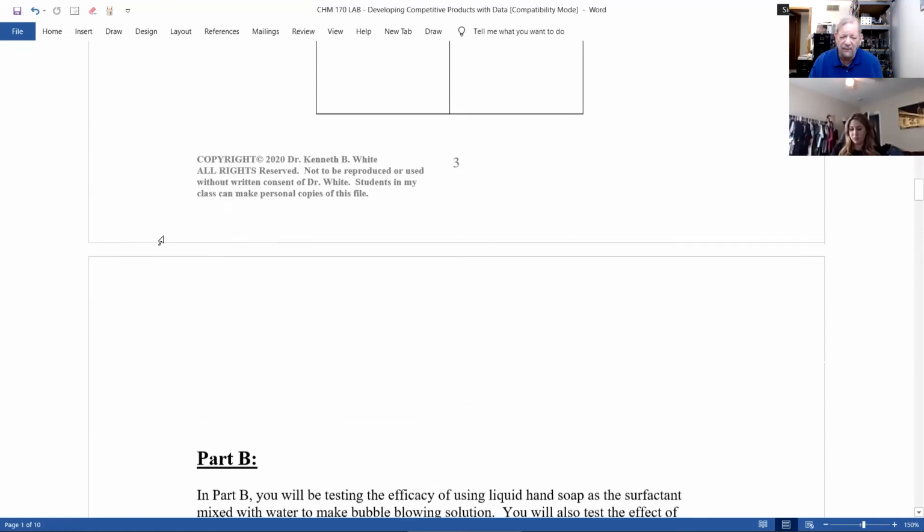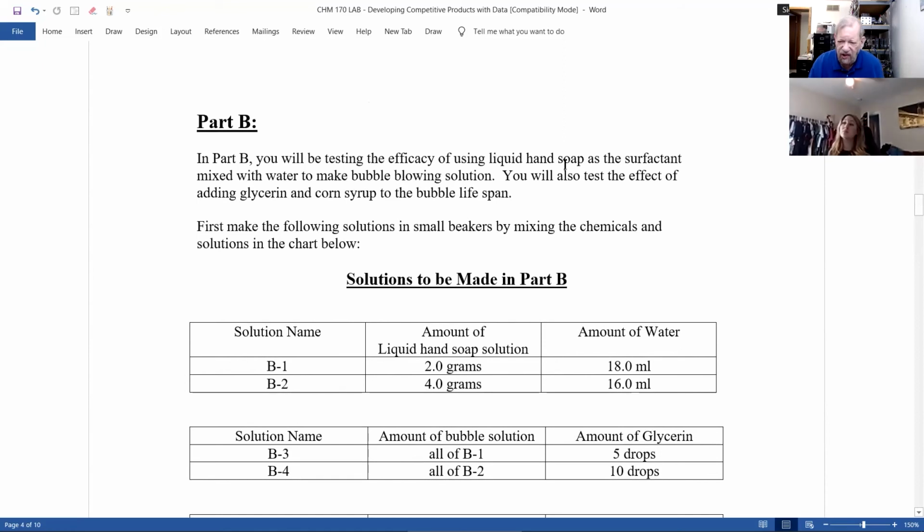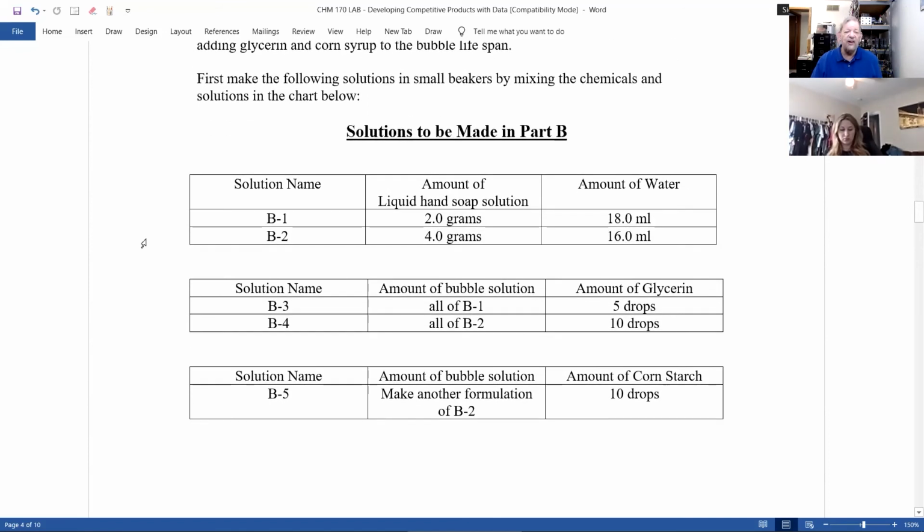Now in part B, we're going to test the liquid hand soap. And here's where DOE, design of experiment, pops in. And I know how to do this. You'll have B1, which is 2 grams. The reason we don't use milliliters is because this is much thicker and it'll take forever and a year to get it out of a graduated cylinder. So it's just the same as weighing it.